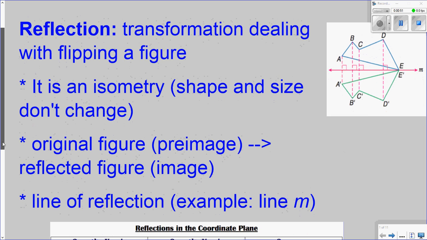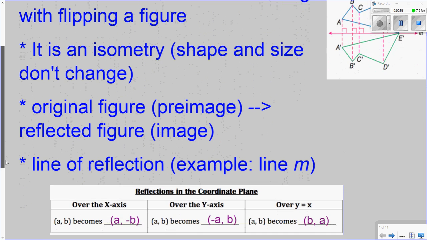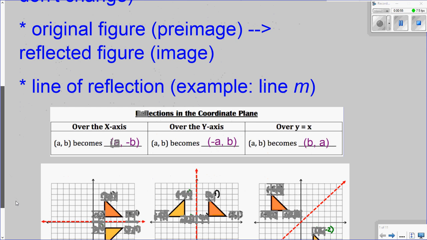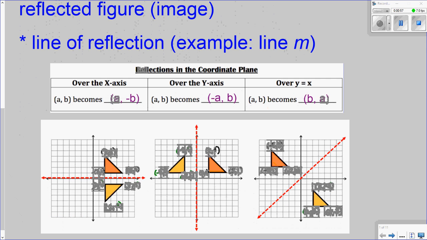We also learned 3 types of reflections on the coordinate plane: over the x-axis, y-axis, and y equals x. So if there's a reflection over the x-axis, (A, B) will become (A, negative B). So that means A is our pivot and the B will change, as you can see in the picture below.